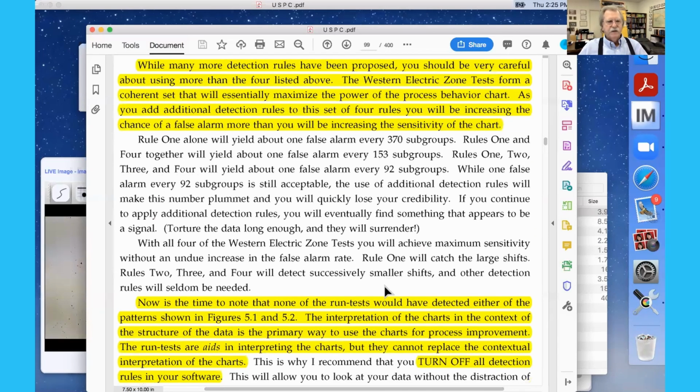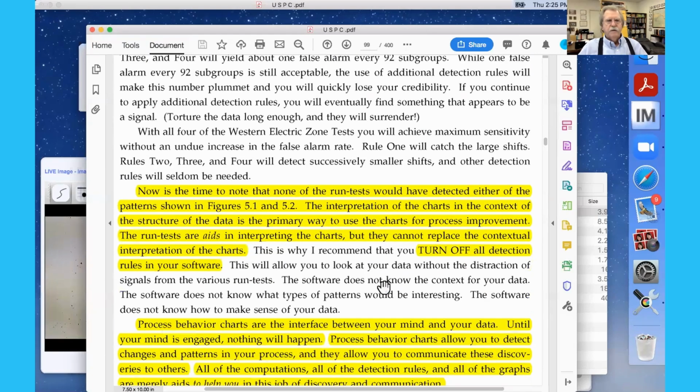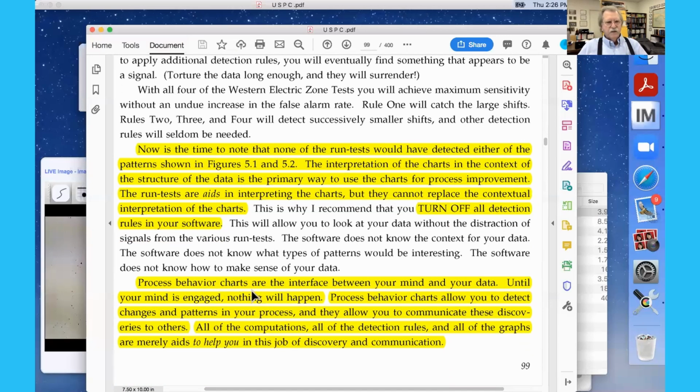That is why I suggest that you turn off all your detection rules in your software. Process behavior charts are the interface between your mind and your data.